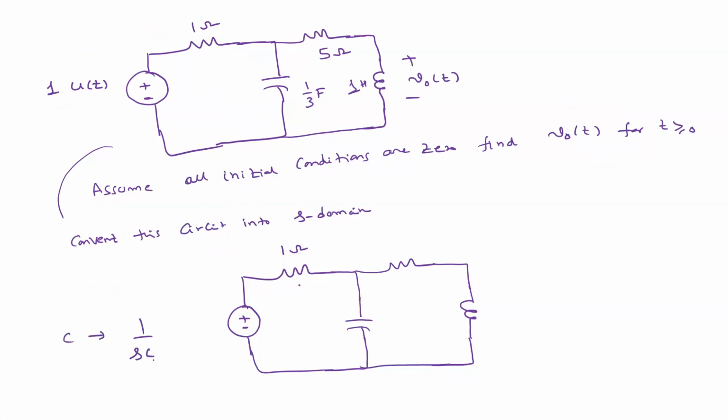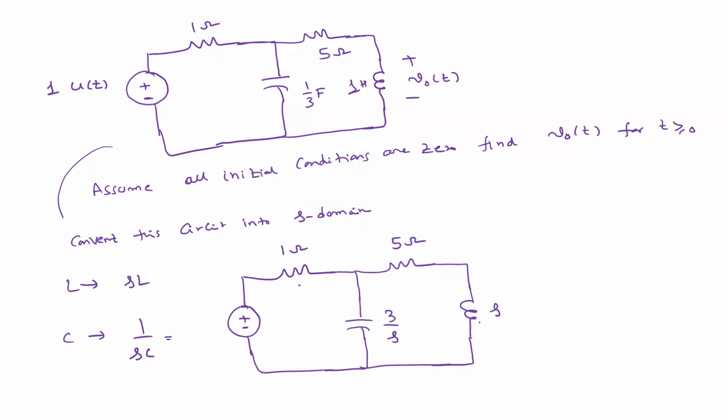So what is 1 by SC in this particular case? 3 by S. So what is the resistor here? Again, it will be 5 ohm. What is the inductor L? It will be S into L, so it will be 1 into L, so it is S only. Understood?